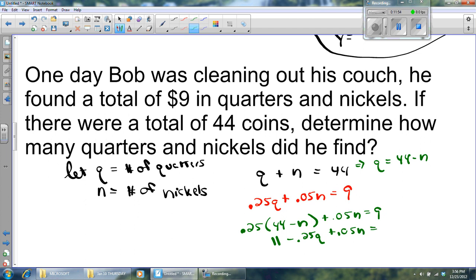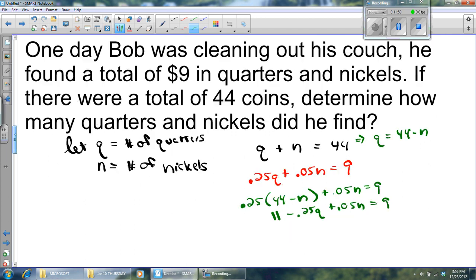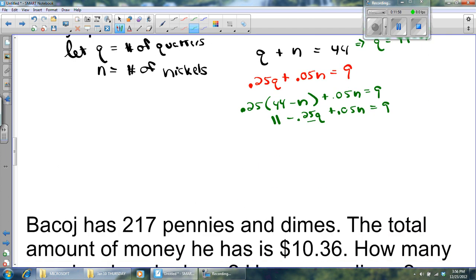That's going to equal $9. And here I'm going to combine the like terms and get negative 0.2N. Of course, I'll subtract 11 from both sides, and I will get negative 2.